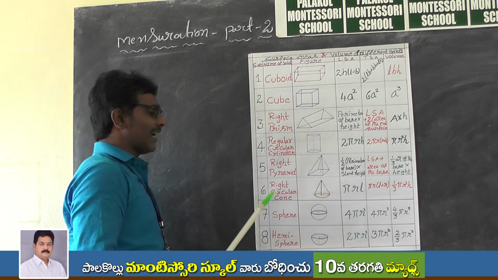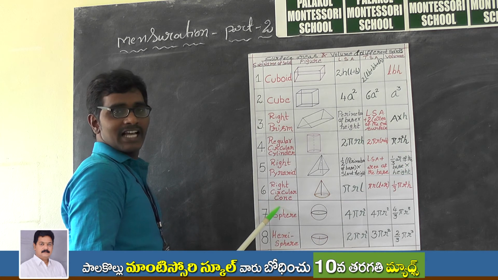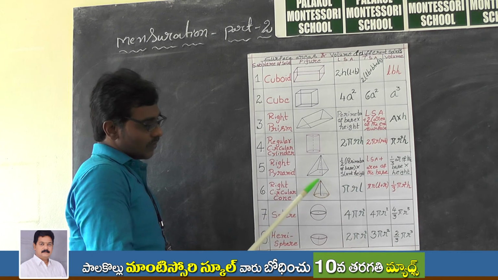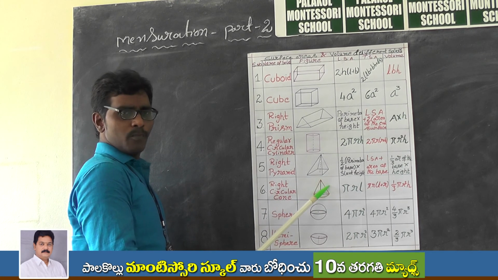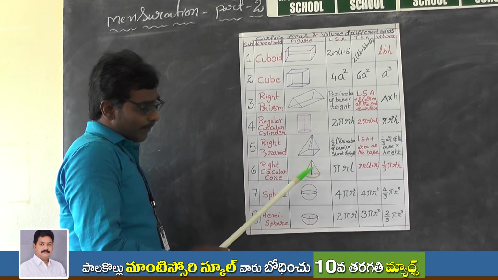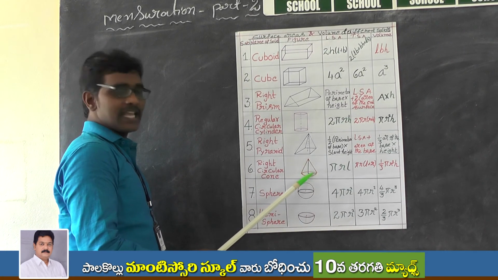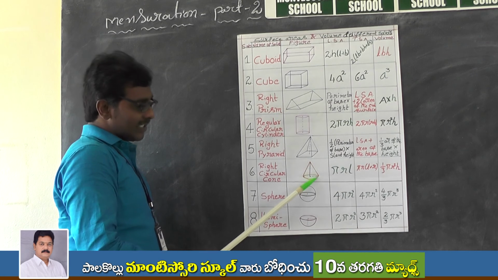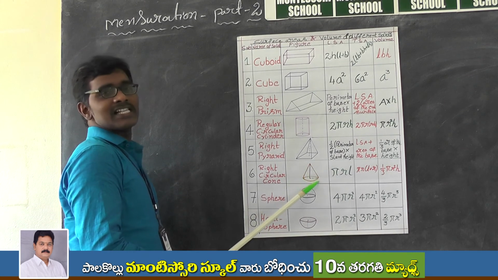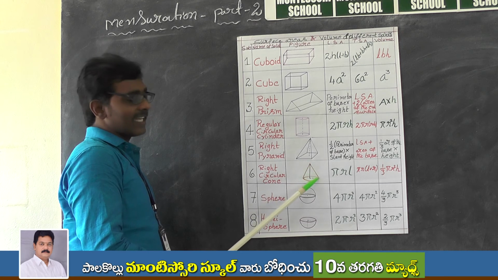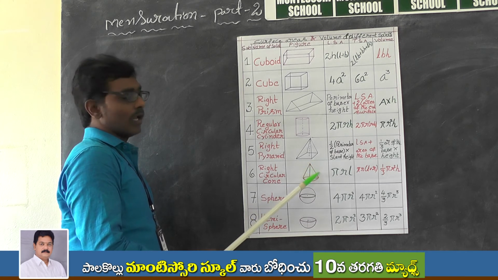Next one, right circular cone. This is one of the cone models. This is the perpendicular height, which you take as H. This is the radius, because the base is circular, which you take as R. This is the slant height, represented by small l.